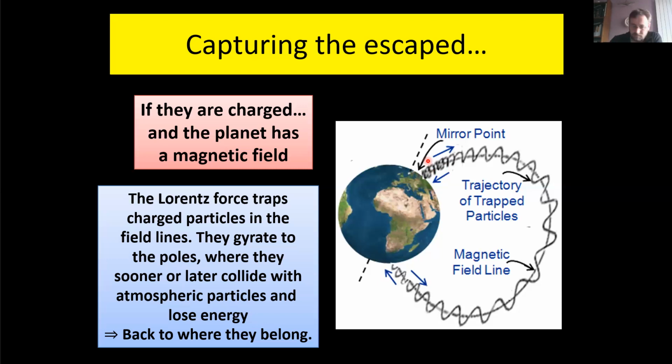Otherwise, we get more and more carbon dioxide, and the water might escape if there is no magnetic field. And then we get a carbon dioxide atmosphere, just like on Venus, because the water escaped. But the heavier stuff stays there. So we are very lucky to have a magnetic field.